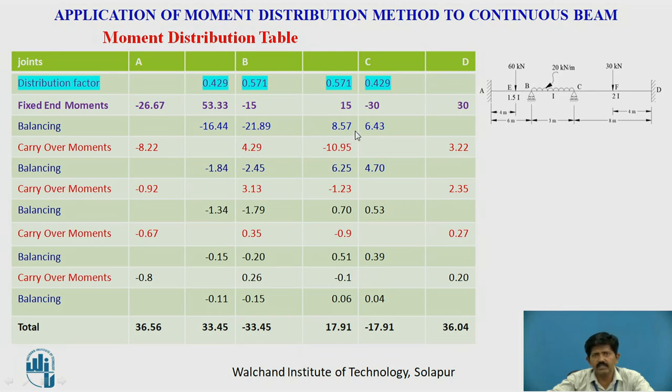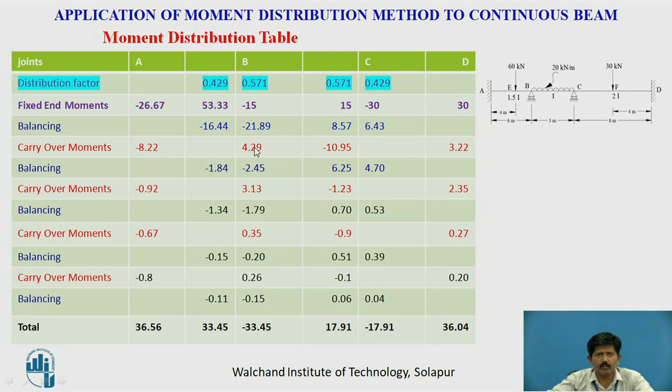Again half of this 6.43 is transferred to D, as it is a carryover moment. The same procedure again here, this is the unbalanced moment, that is 4.29.